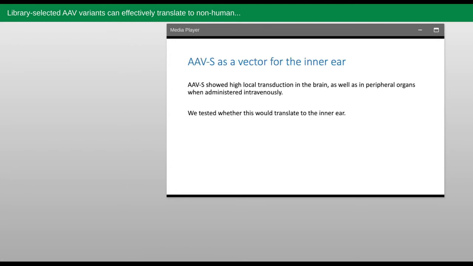So when last we left AVS in this story, we saw that it drove high local transduction in the brain as well as in peripheral organs, but wasn't able to cross the blood-brain barrier. We were curious whether this high local transduction would translate to the inner ear.